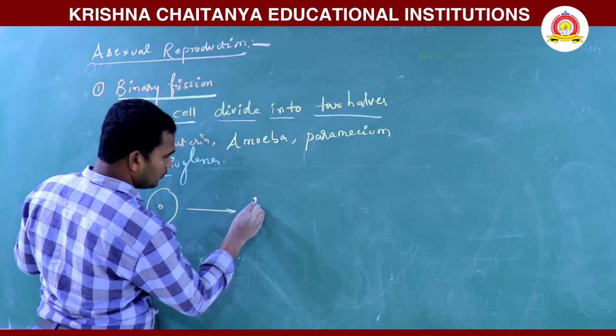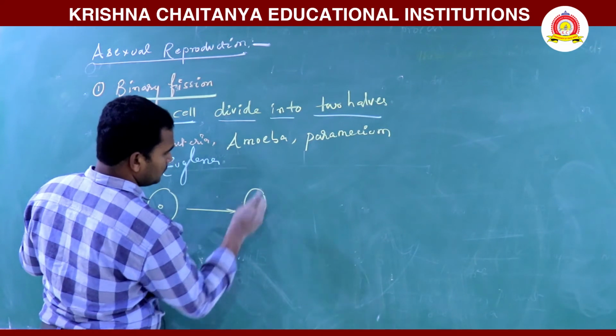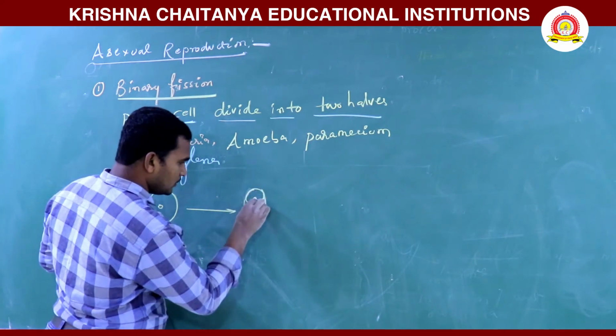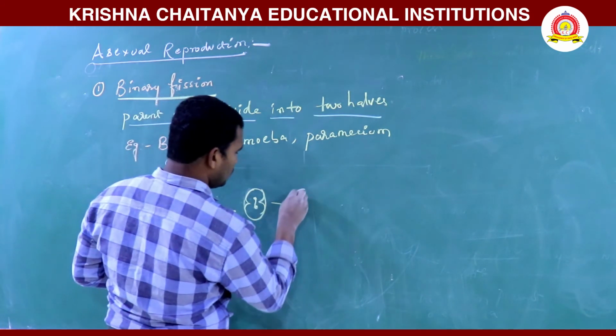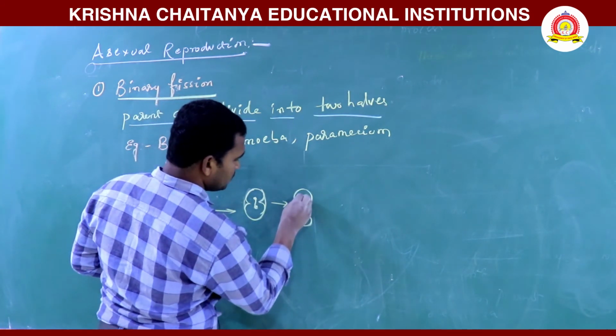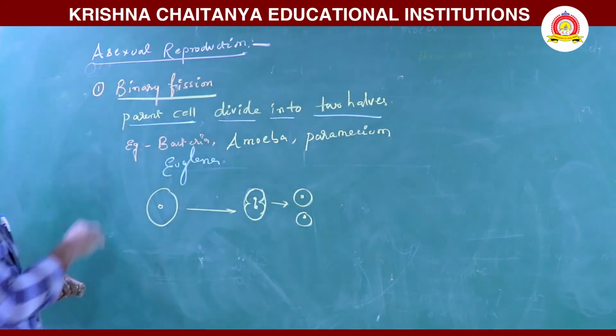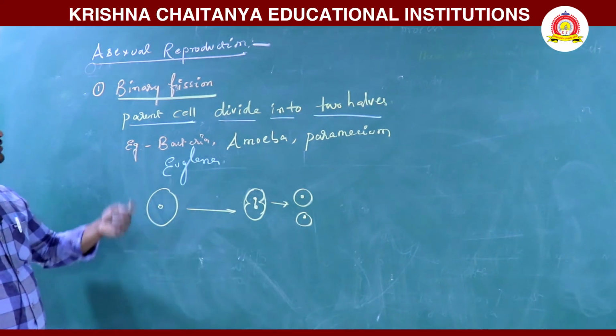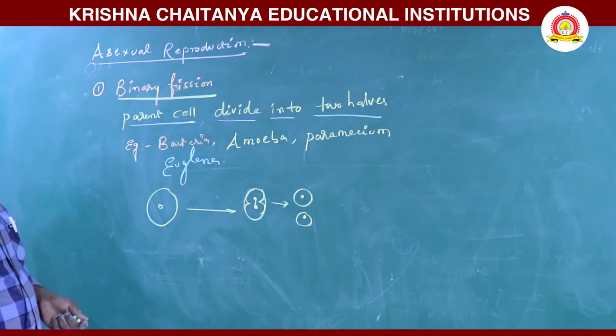First nuclear division takes place, then after nuclear division, the cell is divided into two daughter cells. So this is called binary fission. The parent cell is divided into two halves. That is nothing but binary fission.